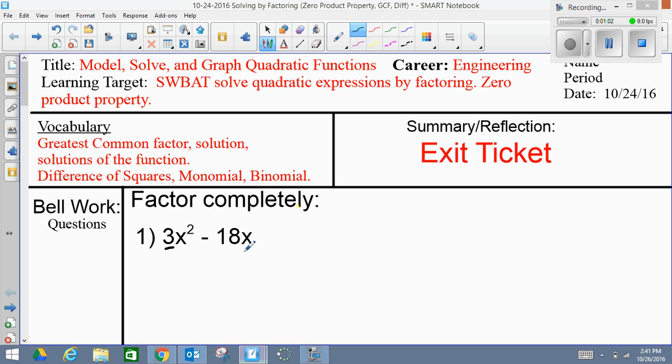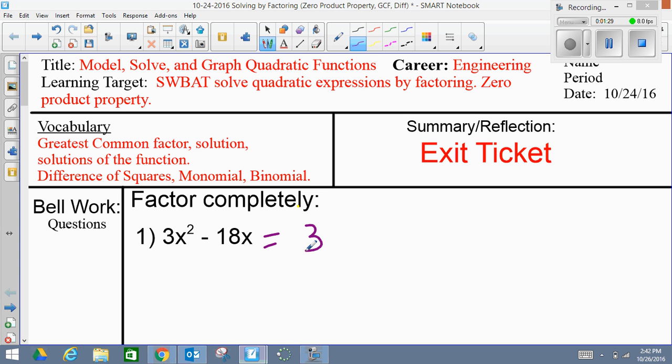Okay, so I have the 3 and I have the 18. I normally tell my students to check if the smallest number goes into the bigger number. Is 3 into the 18? Yeah, 6 times, right? So because 3 is into the 18, then 3 is going to be my common factor.